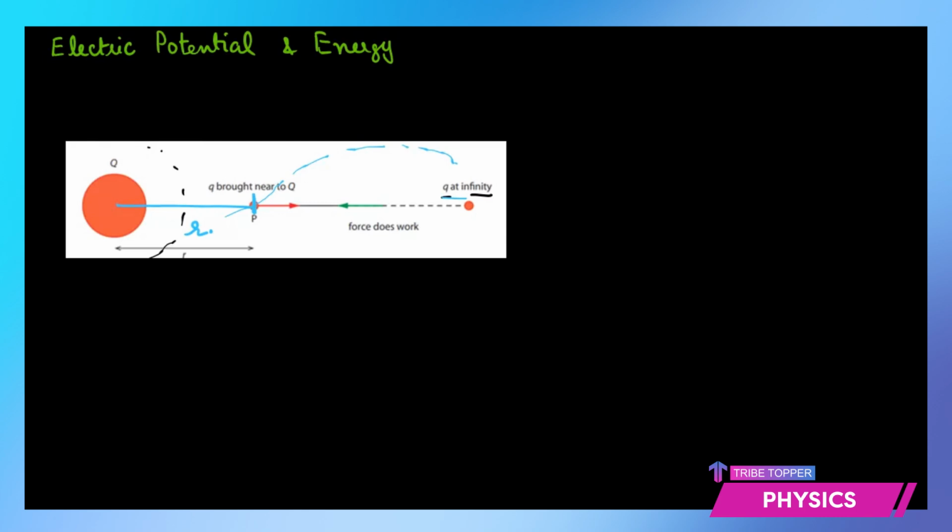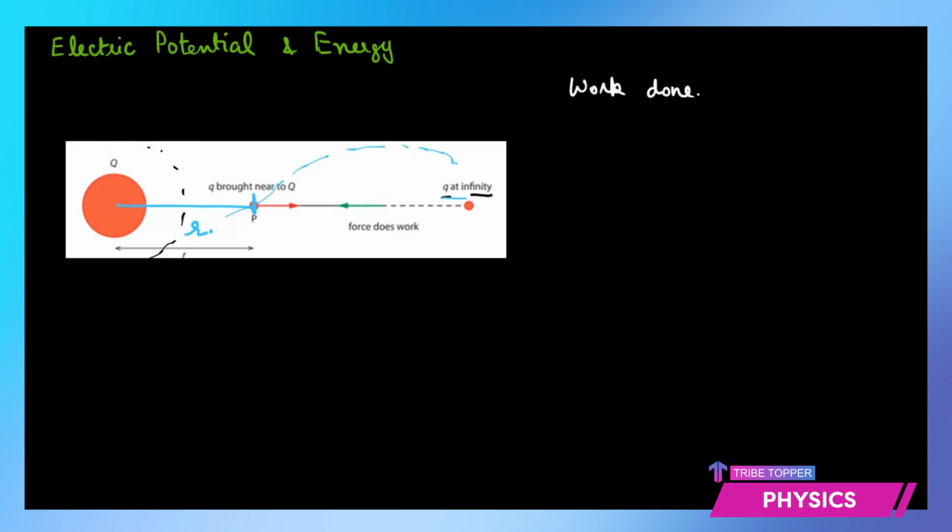So earlier that charge q, which was at infinity, is brought closer to the charge capital Q at a distance r. Then of course some work is done. So the work done per unit charge, that is known as the electric potential.